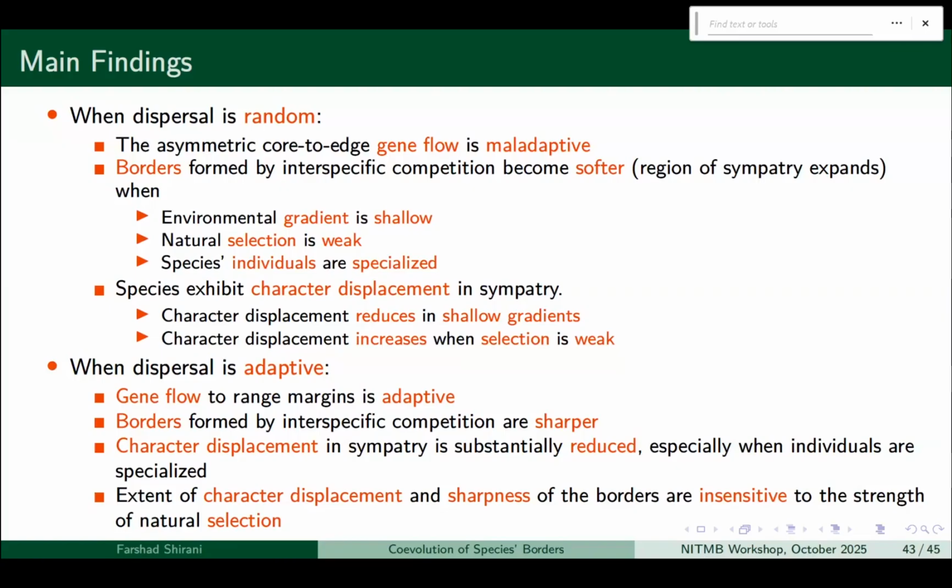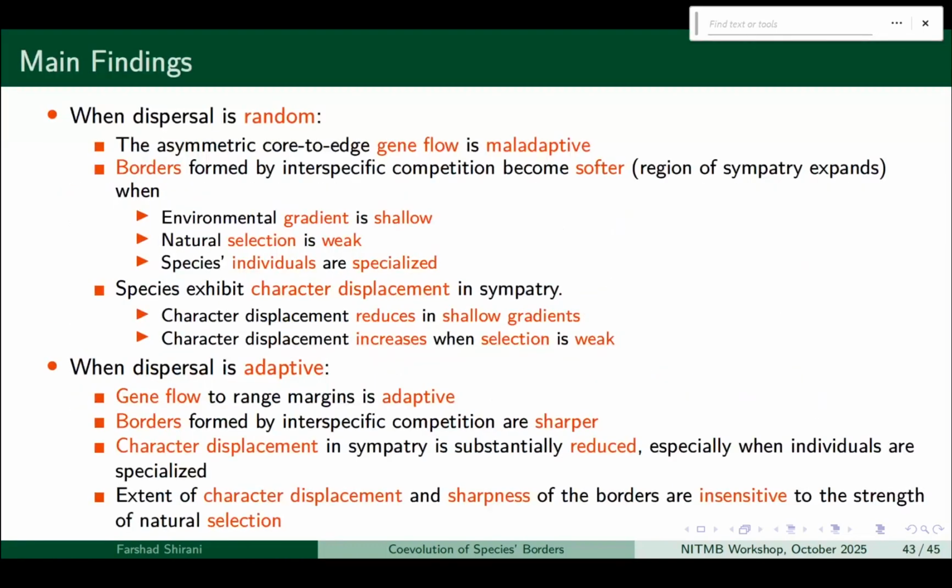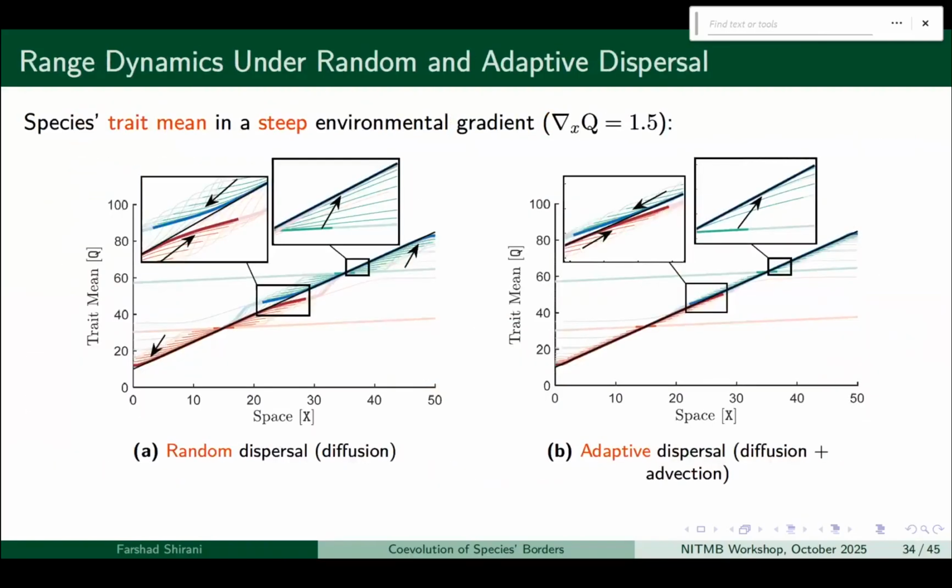Hi, thank you. Very interesting talk. I was wondering, in the first case where there was maladaptive dispersal, you saw divergence of the traits in the area of sympatry, but then there was a sort of extra divergence of the trait right outside of the area of sympatry.